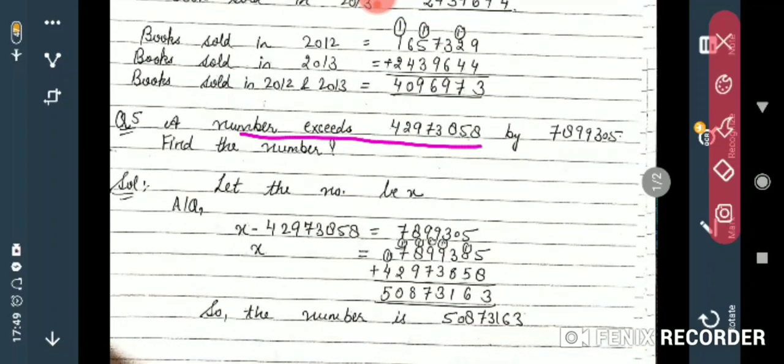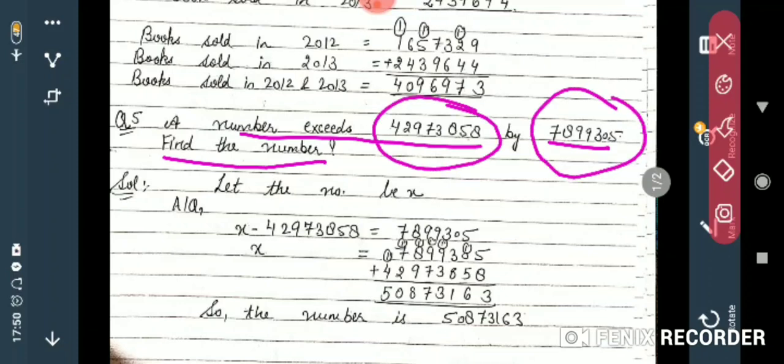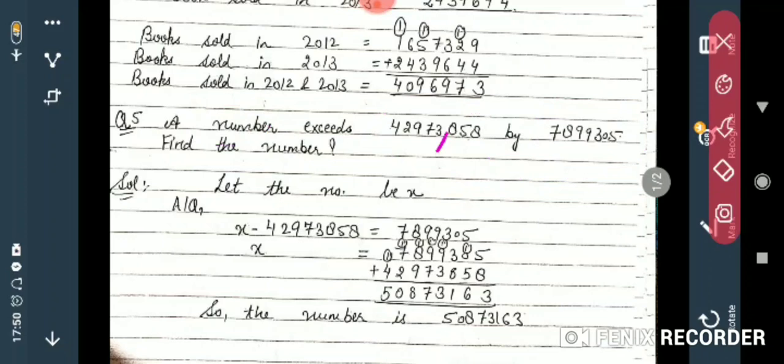A number exceeds this much by this much, find the number. So a number is greater than this much, and by how much? This much. So first what will we consider? Let the number be x. The number is greater, it exceeds.